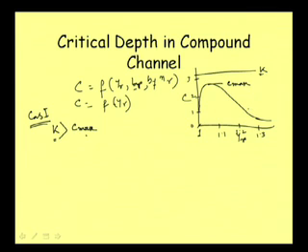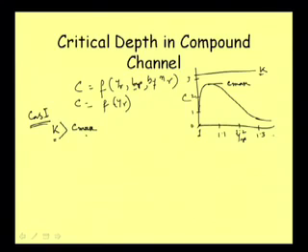That indirectly means that no critical flow will occur in the upper portion of the compound channel, because we are talking about the upper portion where our YR ratio is higher. So, no critical depth will occur in the upper portion of the compound channel. Critical flow will occur only in the lower portion of the compound channel. That is the condition.